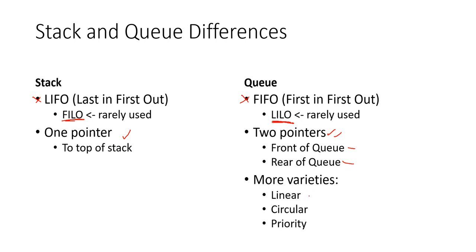We've got linear. The queue just works on a first in, first out basis, no issues at all. Circular we're going to get to in a moment, and priority where it's first in, first out. However, some elements in our queue have a higher priority than others, and they're going to kind of push in.